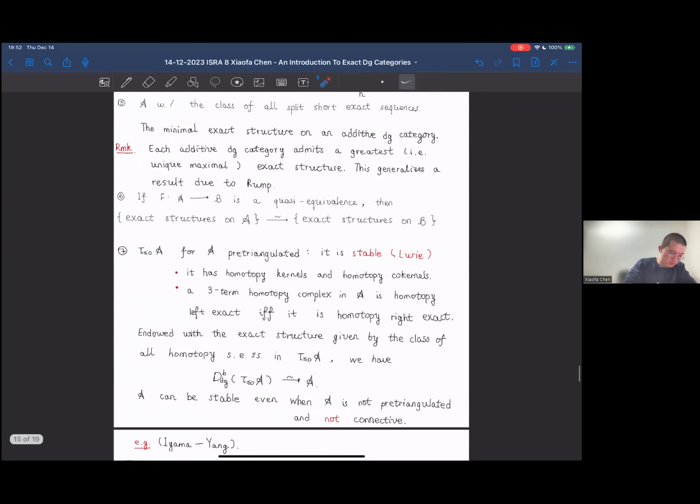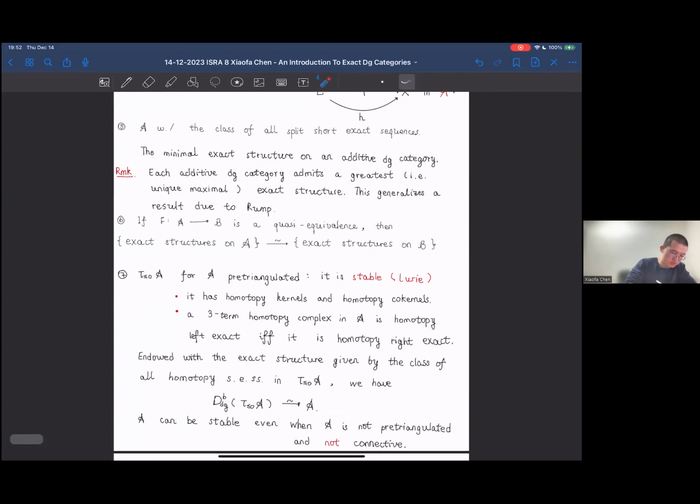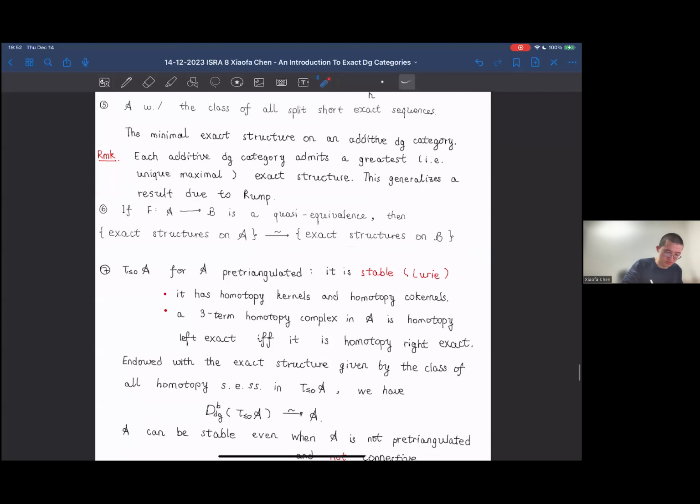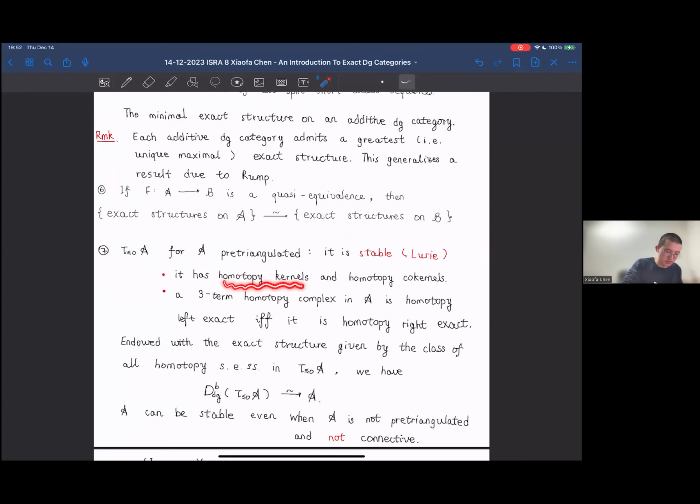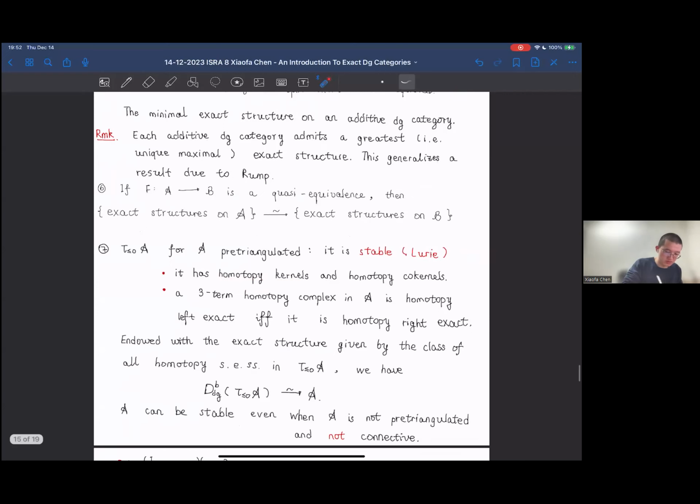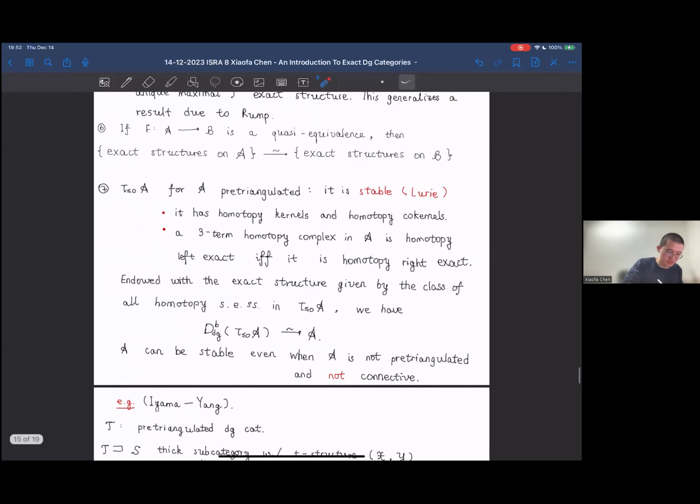Now, for a pre-triangulated DG category A, you can take this truncation. Then it is stable, namely it has homotopy kernels, has homotopy co-kernels, and any 3-term homotopy complex in A is homotopy left exact if and only if it is homotopy right exact.